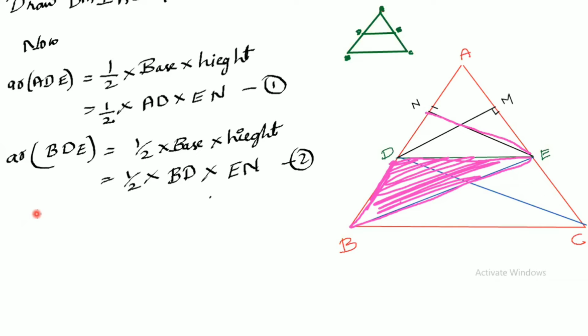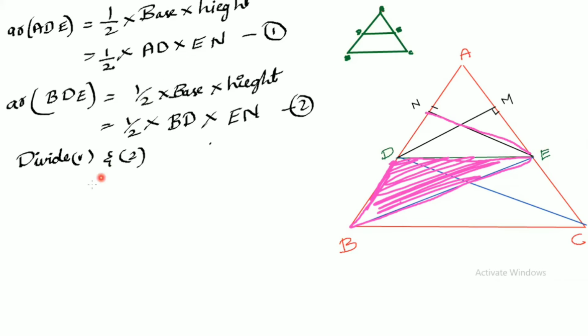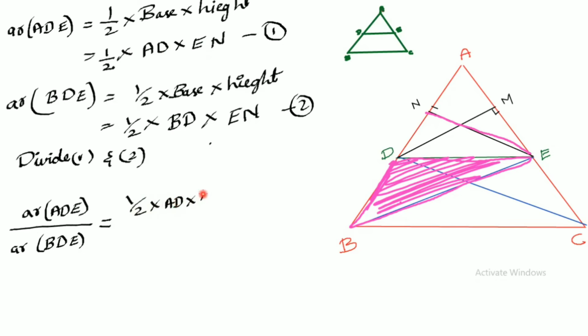So area of ADE divided by area of BDE is equal to half into AD into EN divided by half into BD into EN.